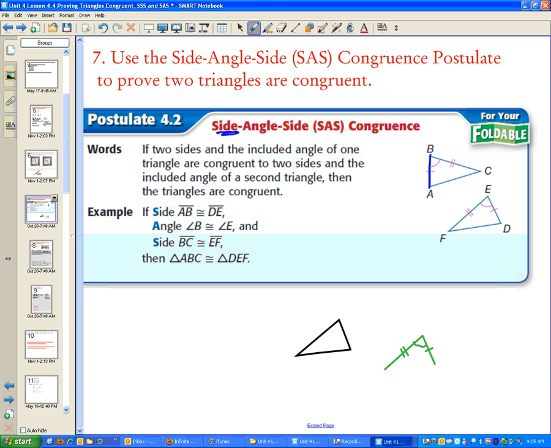Side, included angle, side, corresponds to and is congruent to side, included angle, side. Okay? So with your eyes, you look at it as side, angle, side. Does that make some sense to you? You'll get better at that as time goes on. Trust me, you will. You'll get good at that.